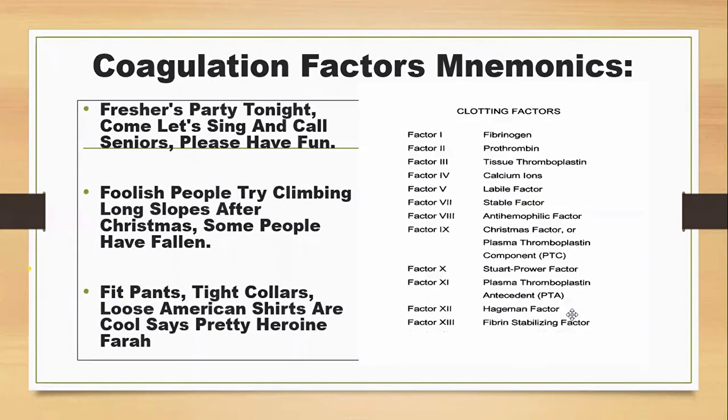So, mnemonics for the coagulation factors. There are several, but I just put this one. Maybe you would like to try to remember the clotting factors through this mnemonic. But I didn't like it, I don't get it. Freshers, party tonight, come, let's sing and call seniors, please have fun.